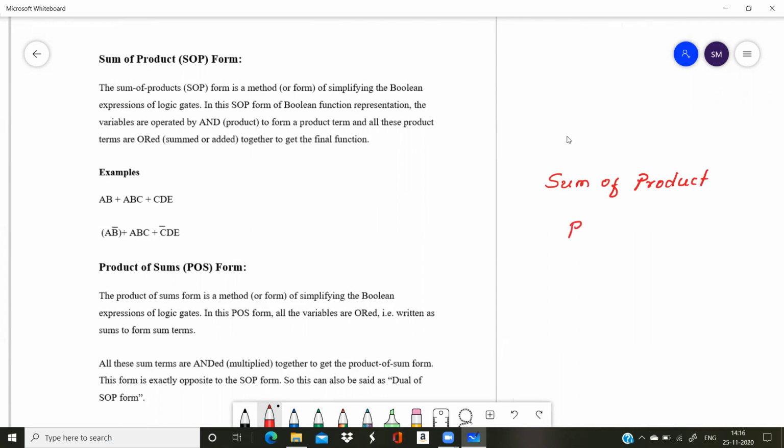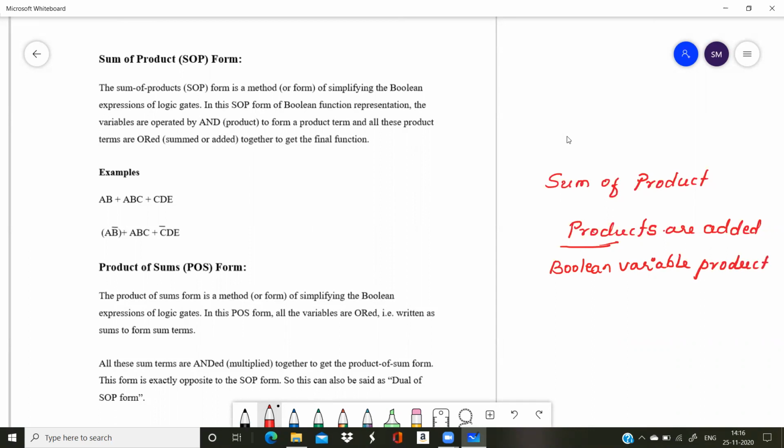So products must be summed. Products are added or summed. What product? Nothing but the Boolean variable product. Boolean variable products are to be added.